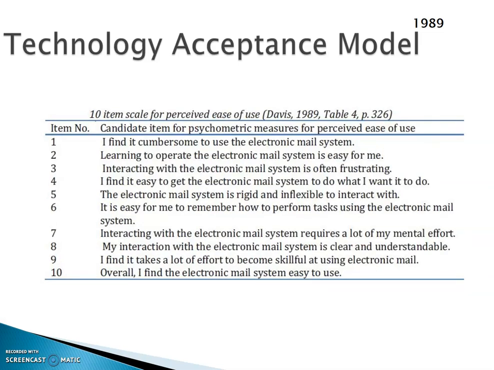And again, if we change email or electronic mail system to my learning: interacting with my learning is often frustrating. It's easy to remember how to perform tasks in my learning. Interacting with my learning requires a lot of mental effort. So it would be possible to create a teaching version of these two questionnaires that we could call the Teaching Acceptance Model.